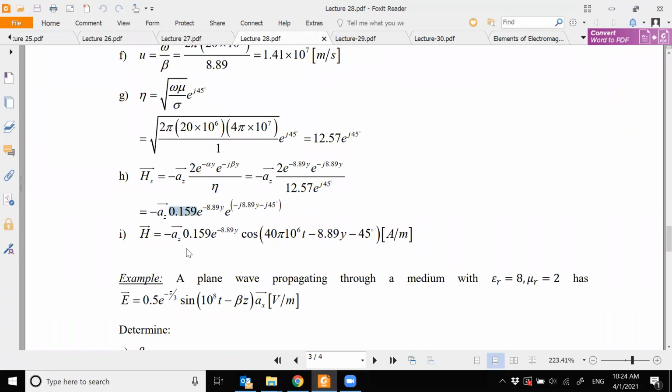I'm talking only about the amplitude, guys. I'm not talking about anything else. So it is related with eta, because eta is Ex over Hy. But if you see, it is the amplitudes of Ex over Hy.